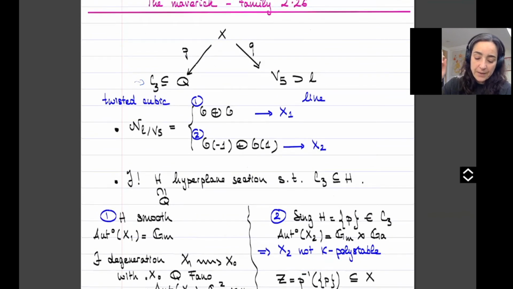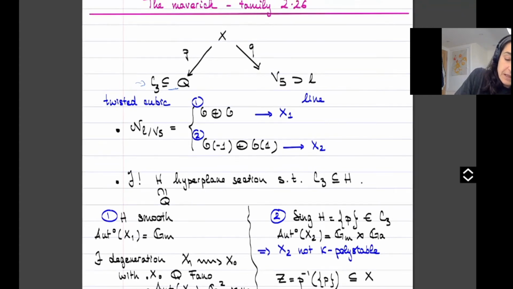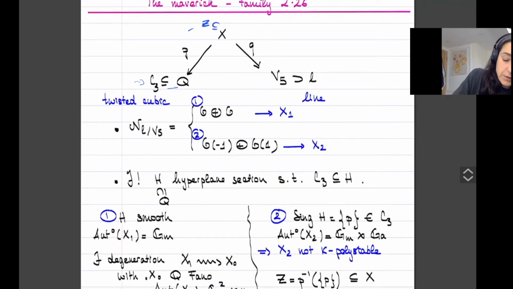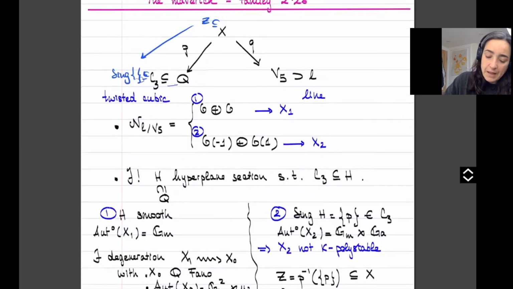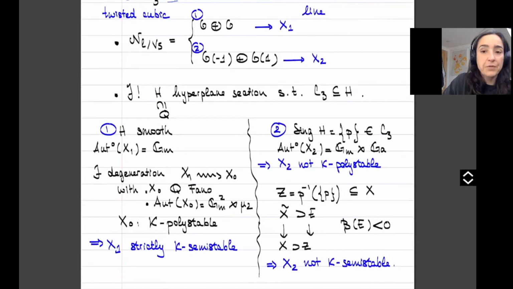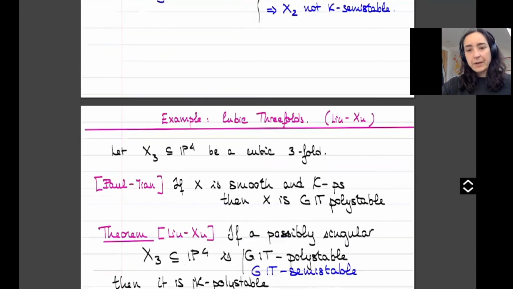But if you look at the pre-image of the singular point P that lay on the twisted cubic, take Z to be the pre-image of the singular point and blow up Z, then you find that the divisor you obtain here is not K-semistable. It has negative beta invariant, so X2 is not K-semistable.